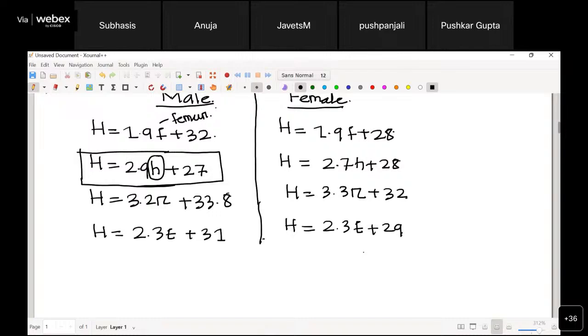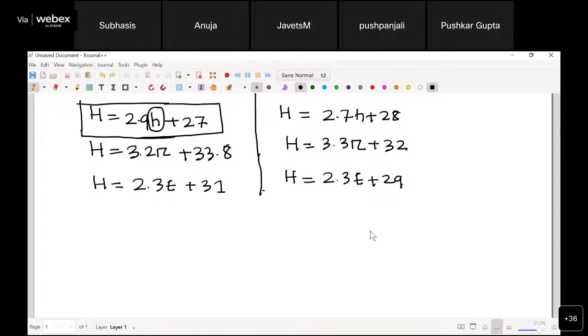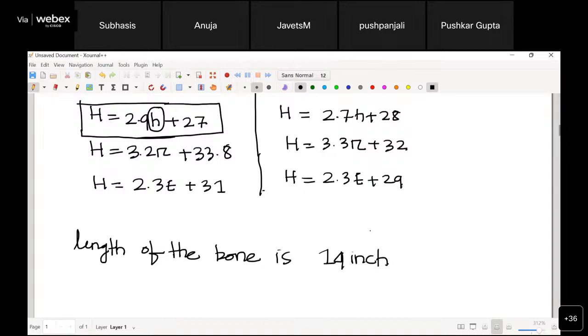It is given that the length of this bone is 14 inch.